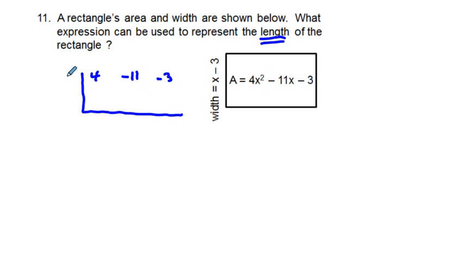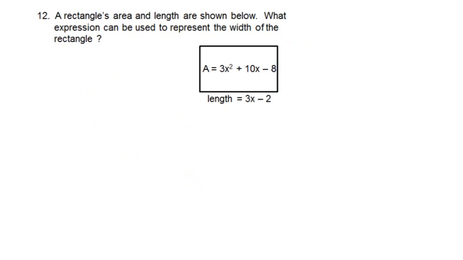We put the value of the zero on the outside, which is 3. We bring down the 4. 3 times 4 is 12. Negative 11 plus 12 is 1. So 4x plus 1, and 3 times 1 is 3, and we get a remainder of 0. So for this one, our length is equal to 4x plus 1.